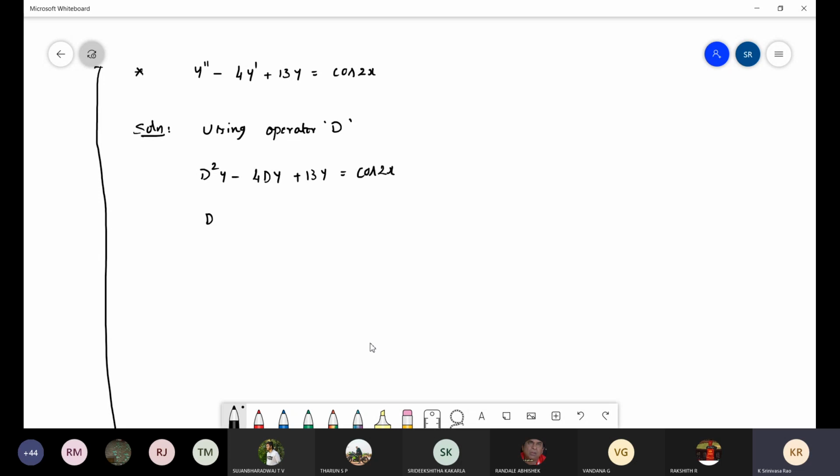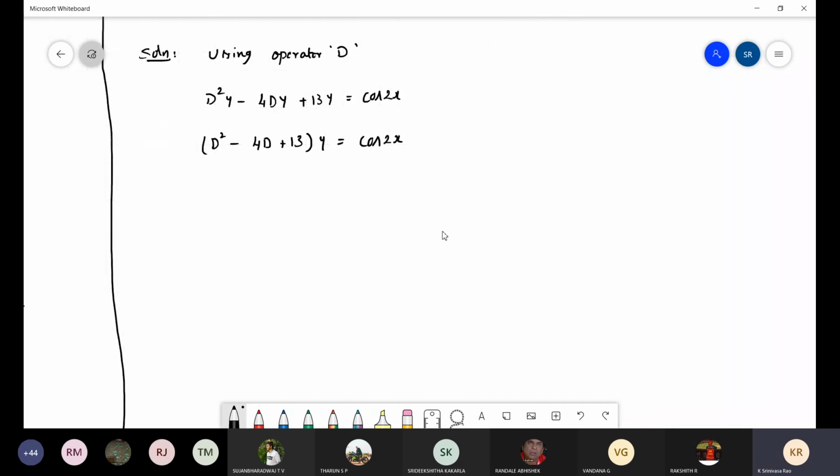Take y common: d square minus 4d plus 13 into y equals cos 2x. So as usual, first part is common. Auxiliary equation: m square minus 4m plus 13 equal to 0.